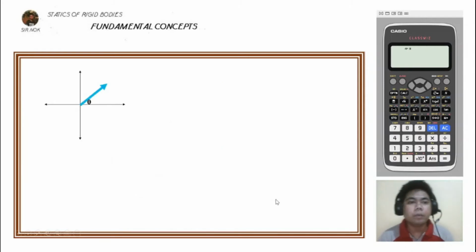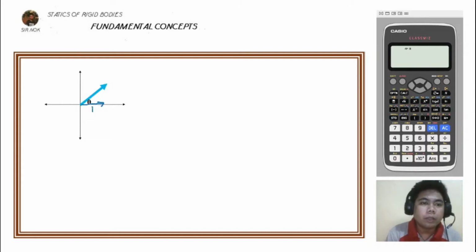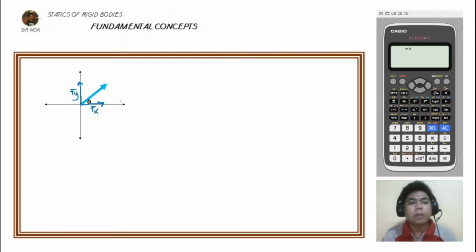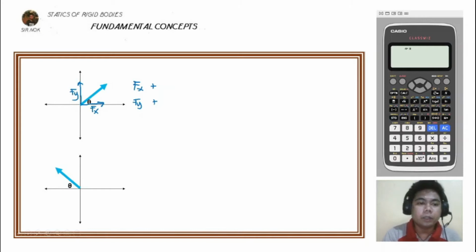Then we have the signs of components. So if we have the force F at quadrant 1, the x component, F sub x, and the y component, the x component is positive, and the y component is also positive. For quadrant 2, the x component is to the left and the y component is upward.